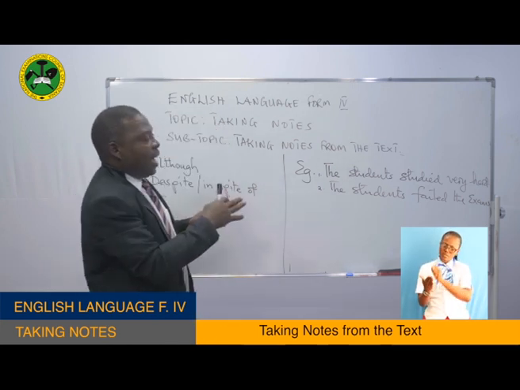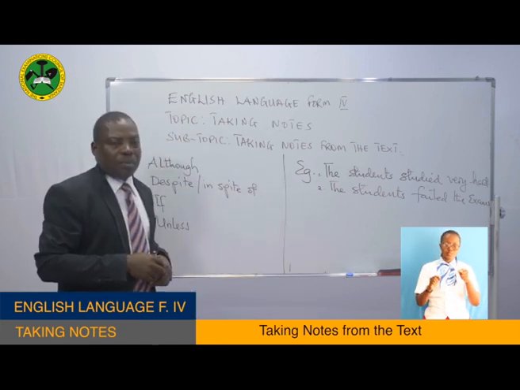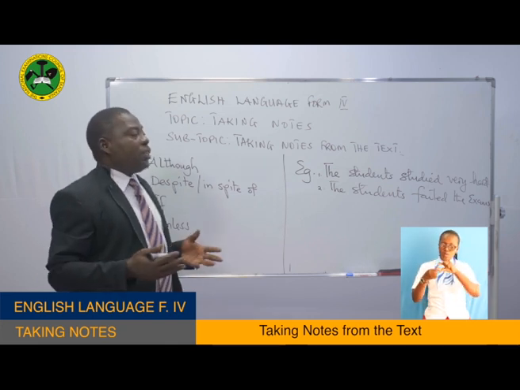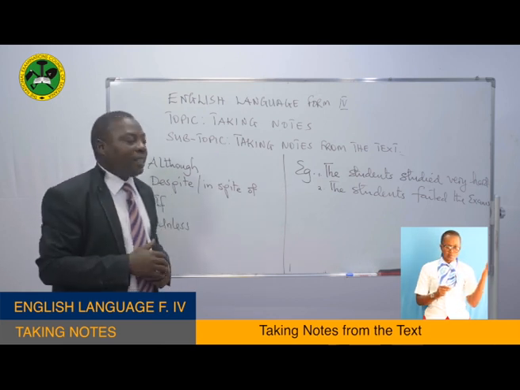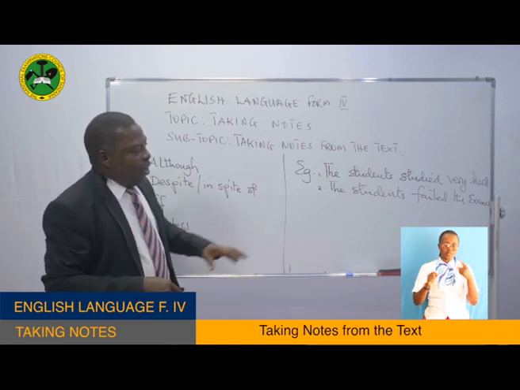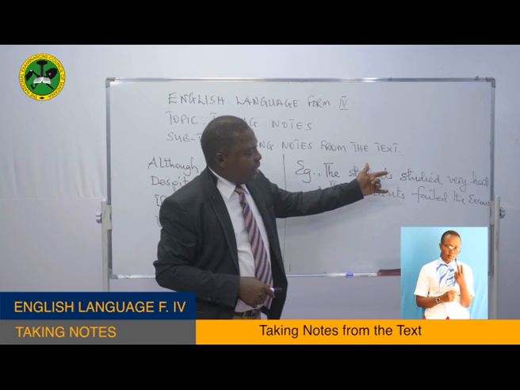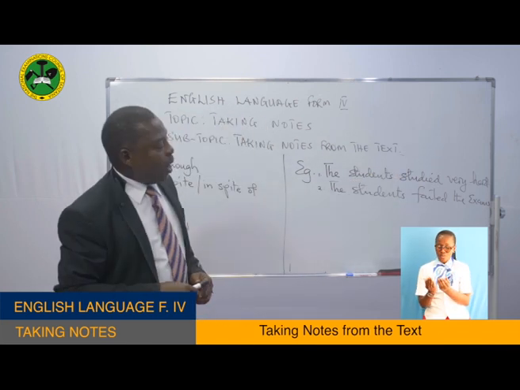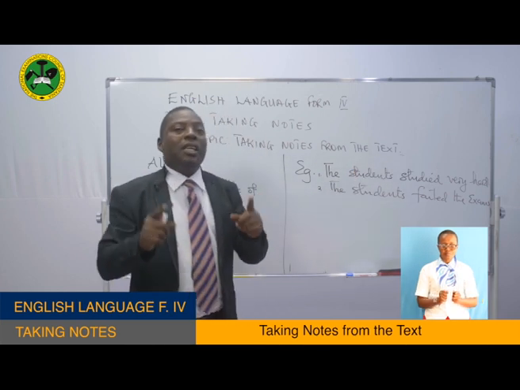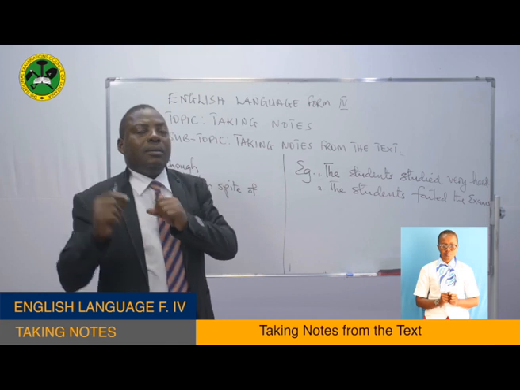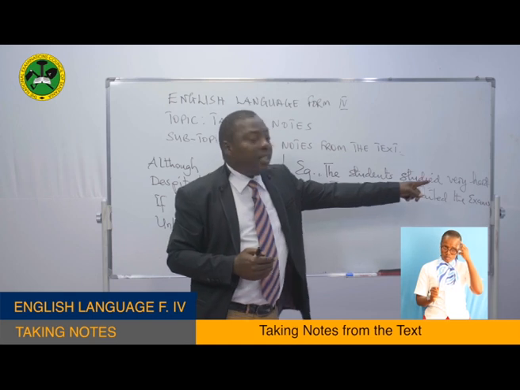These two sentences can be joined by one of these linking signals. And when they are joined, they read as one sentence. Here you have two events. The students studied very hard, that is one. So when students study very hard, the expectation is that one has to pass. But contrary to that, it reads, the students failed the exams.